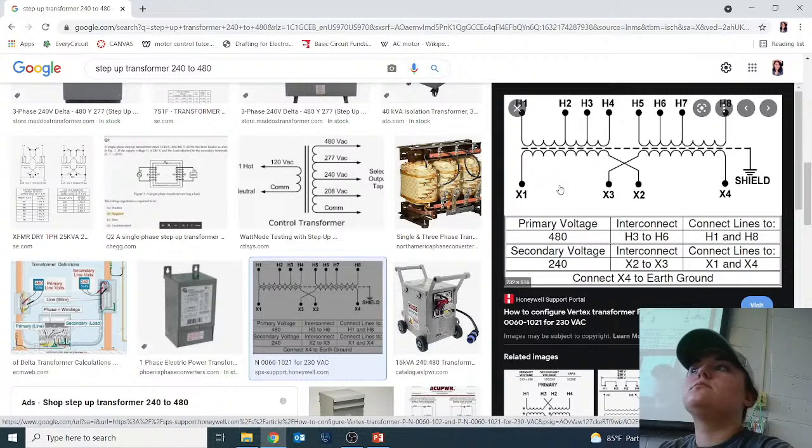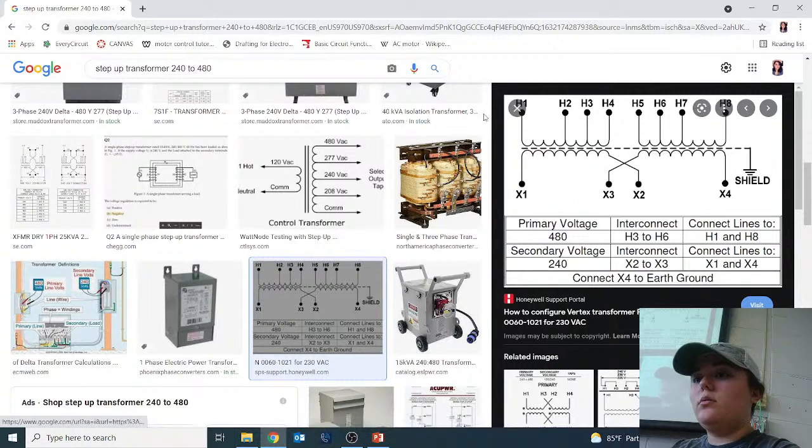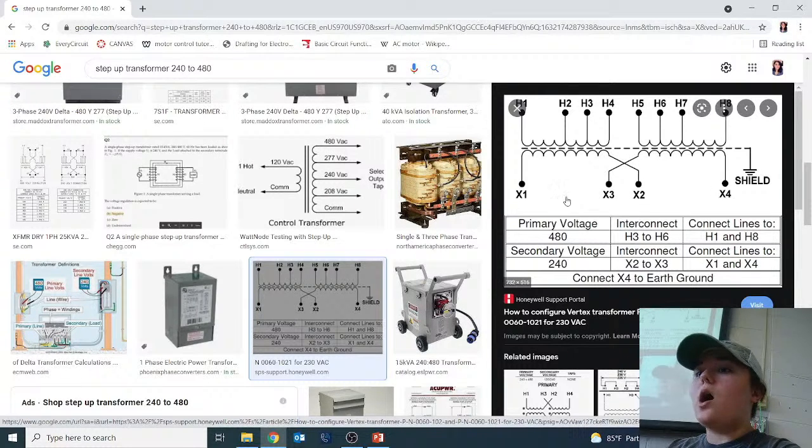For parallel, we would connect X1 to X3, and X2 to X4. That way you would have 2 separate coils, right? But if we wanted it in series, all you would have to do is connect X3 to X2, and that makes it one big coil, right?